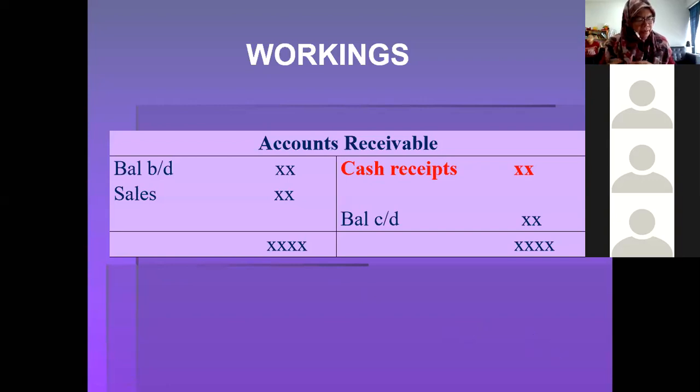Alright, so now illustration page 286. You can see here they give you the comparative SOFI, and then they will give you SOPL, and then additional information.